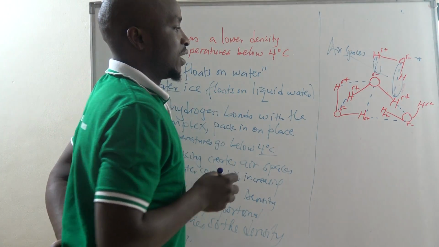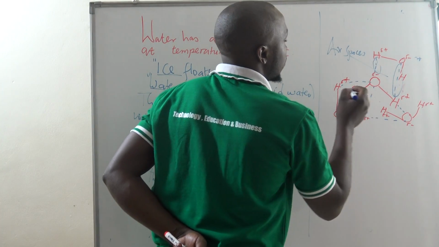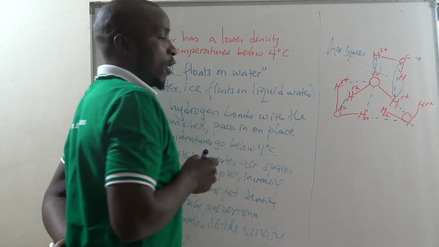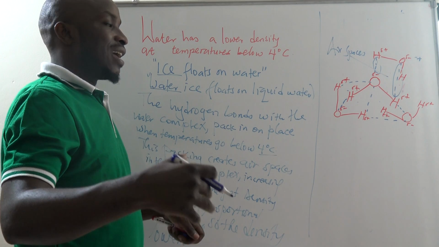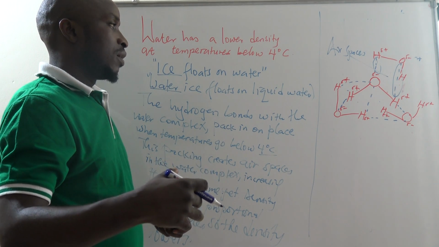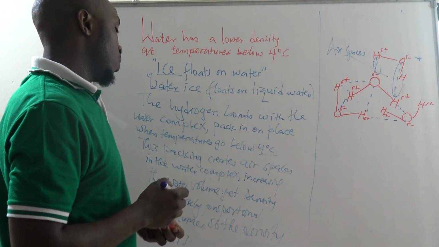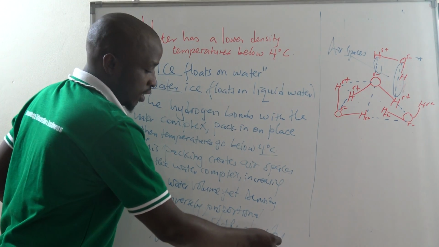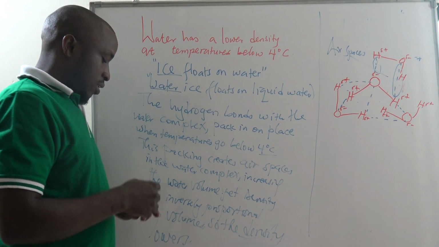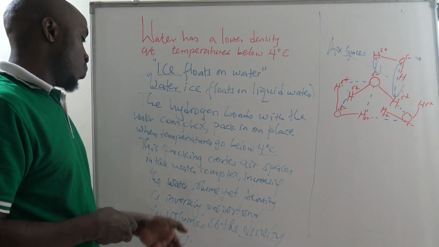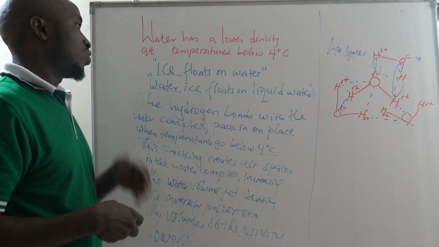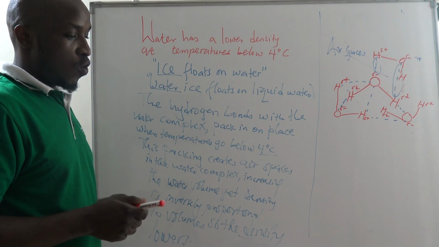Those air spaces mean the volume of the water has increased, but the mass has not increased. And I've already said density is inversely proportional to the volume. When volume increases, the density lowers. So ice floats on water.